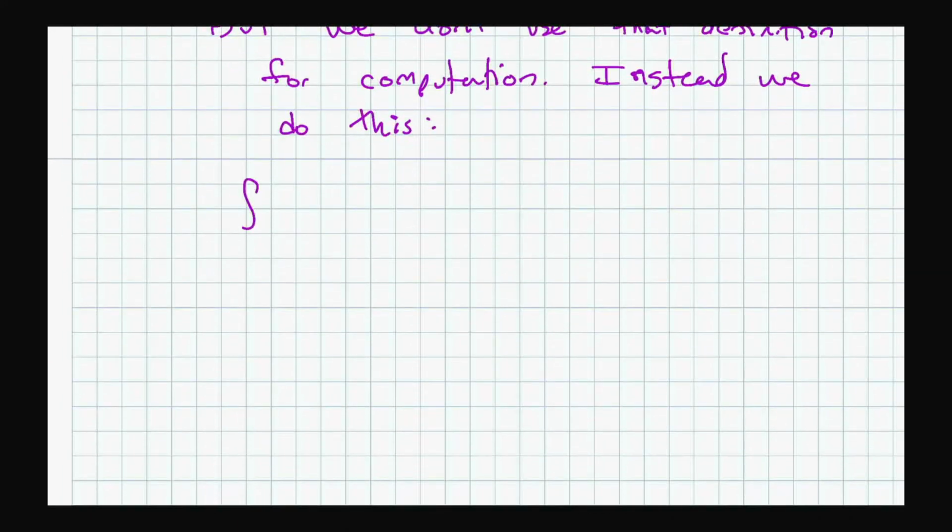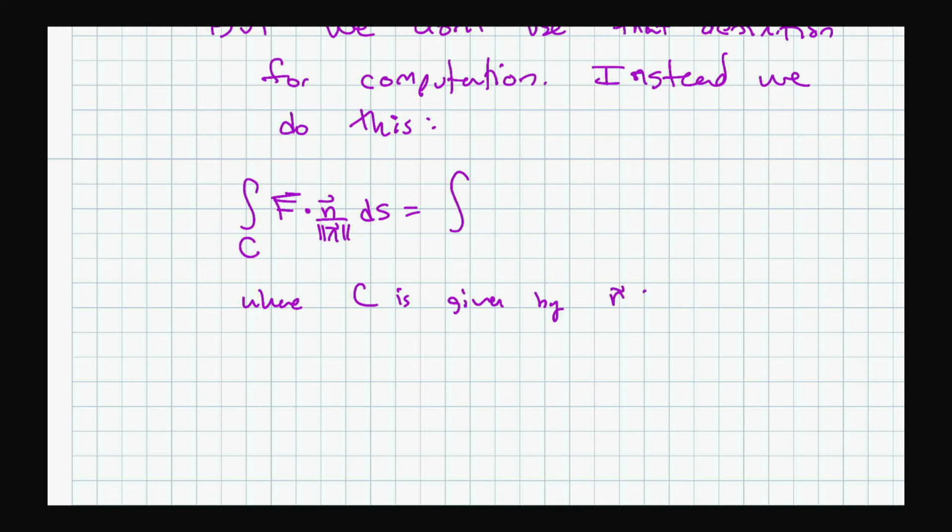Okay, so just like before, you have the integral over C of f dot n over magnitude n ds, but we're going to have a parameterization. C is given by r of t, where t is between a and b.